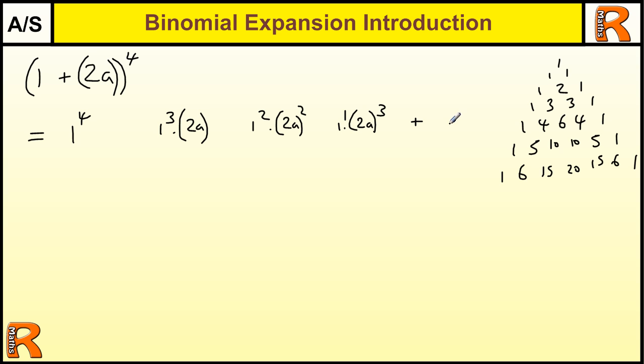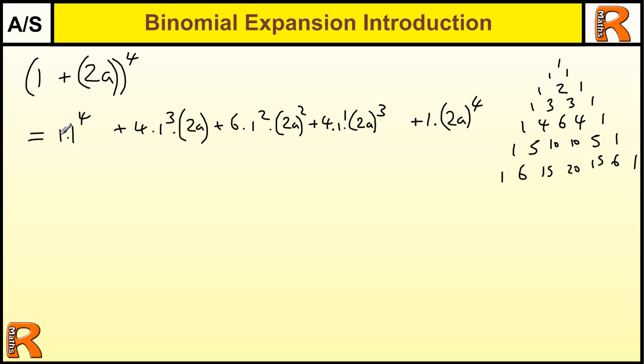And then we're going to have 2a to the power of 4. And then we've got the standard numbers 1, 4, 6, 4, 1. So we've got 1 lot of that, plus 4 lots of that, plus 6 lots of that, plus 4 lots of that, plus 1 lot of that.